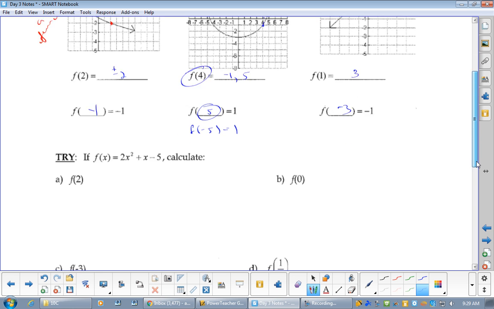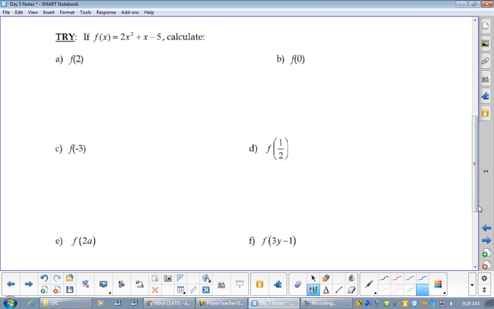Okay. So we're going to do function notation on these equations. So f of 2, now here's the equation, f of x. And often you'll just be given the equation, and then they're going to say, hey, plug this in, plug that in, okay? So f of 2 is the same thing as 2.